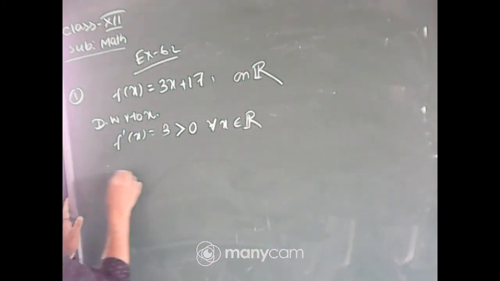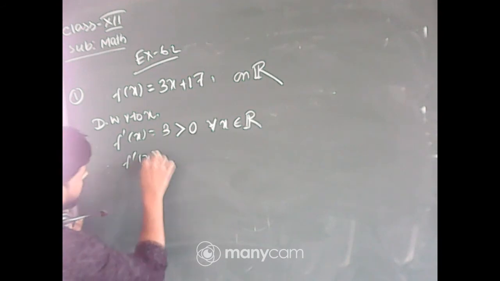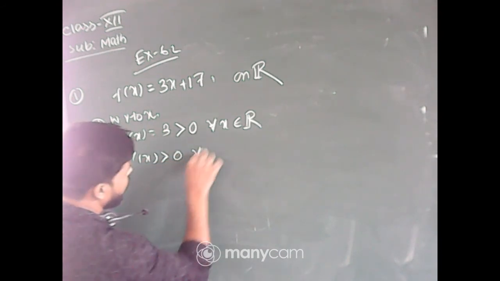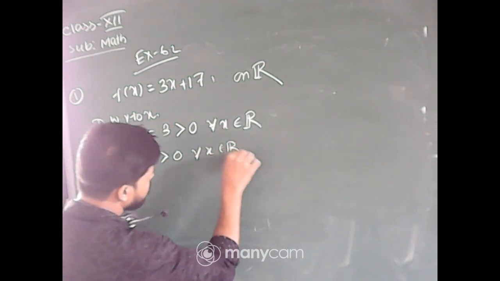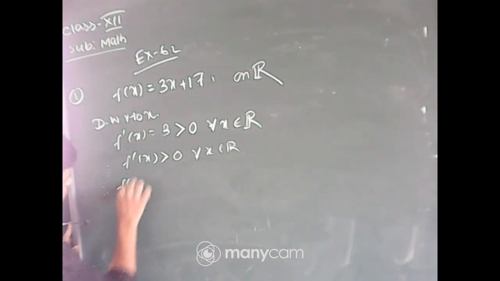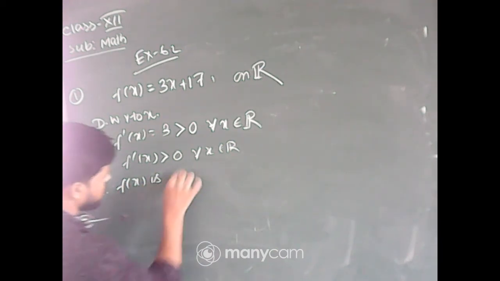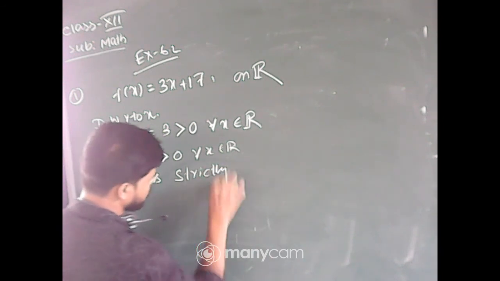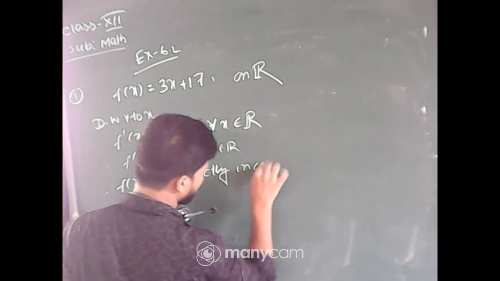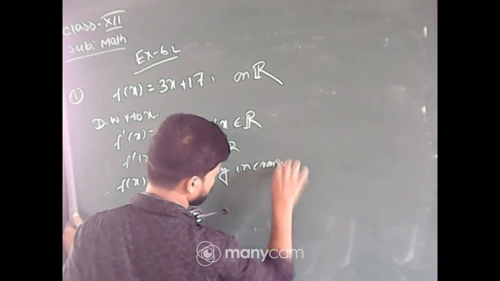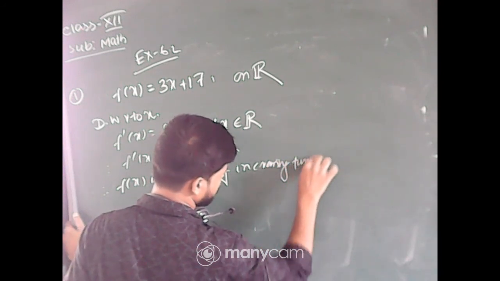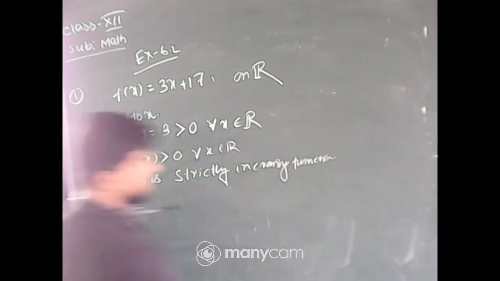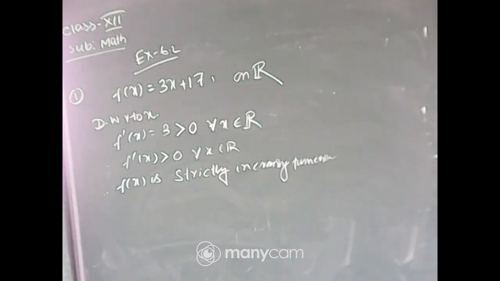That means f dash x is greater than 0 for all x belongs to R. So that means f of x is a strictly increasing function. Okay, understood?